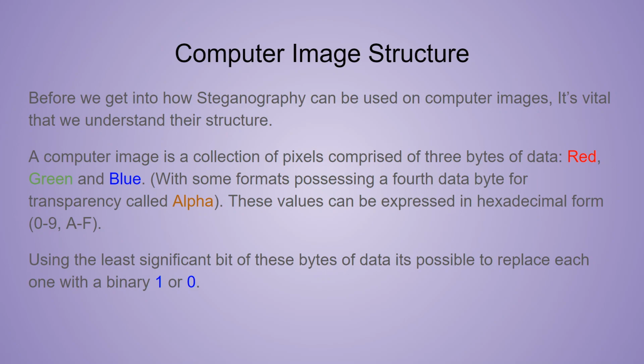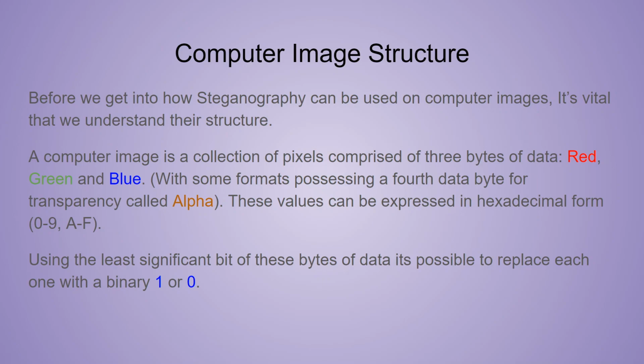An image online is simply a collection of pixels comprised of three bytes of data, red, green, and blue, with a fourth data byte for transparency called alpha.